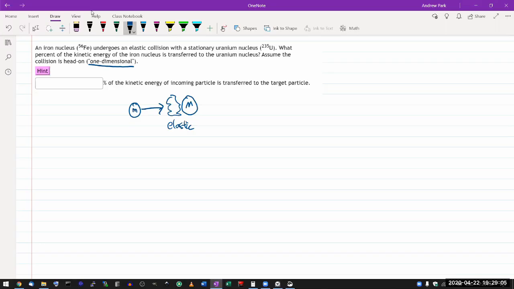I think if you have some intuition of the type that you might have built up in one of the labs, you might have this intuition that if this was before the collision, then the picture you should have after the collision will look like this. Looking at these mass numbers, the iron nucleus is lighter, or less massive, than the uranium nucleus.